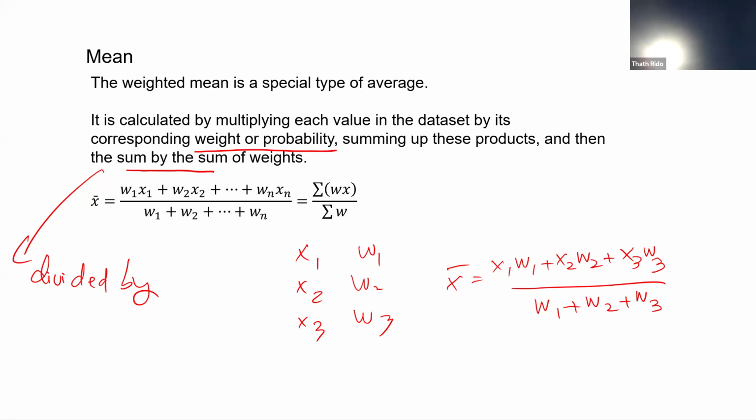The price is different. And the weight is the probability or the percentage of consumption. For example, what kind of coffee you consume the most.